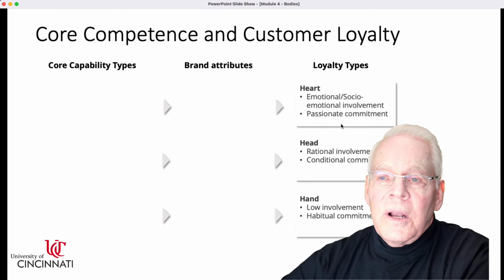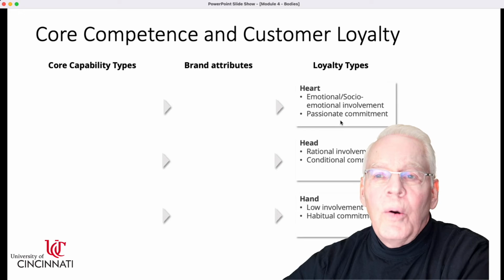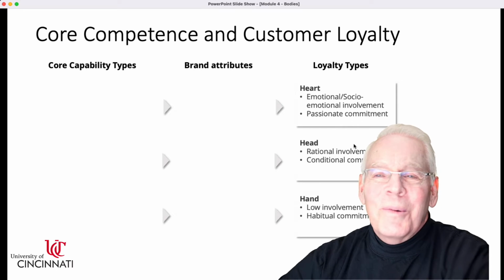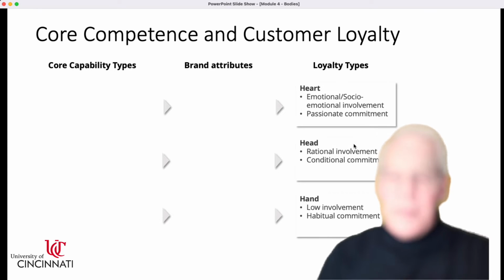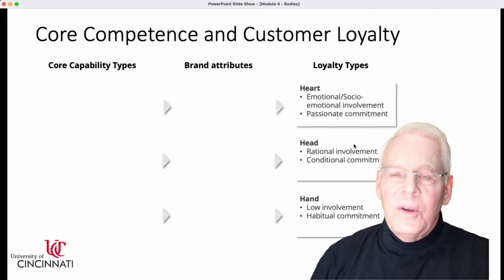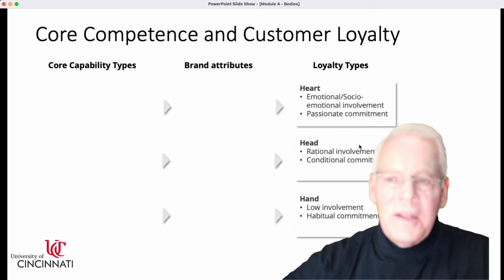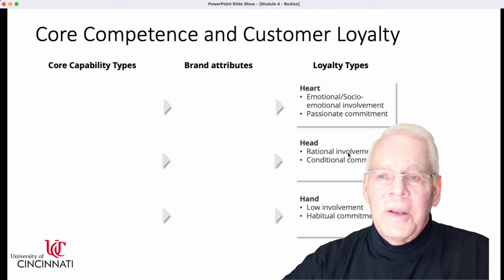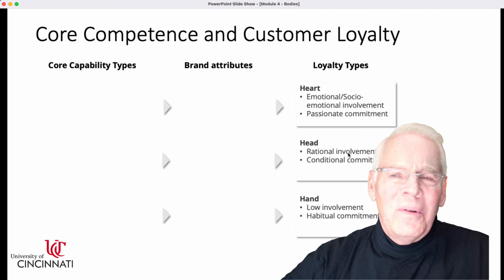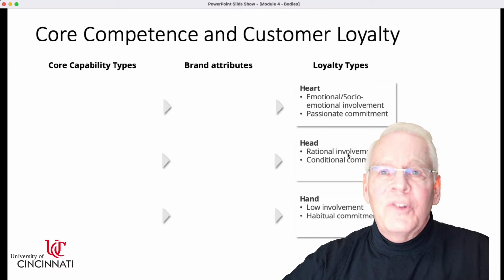There are customers that are what we call heart loyal. They're heart loyal, meaning they're emotionally attached to the brand. They love the brand. They love it so much because it helps define sort of who they are and their identity system, etc. Then there are more what we call head loyal customers. They aren't loyal in an emotional sense, more rational.